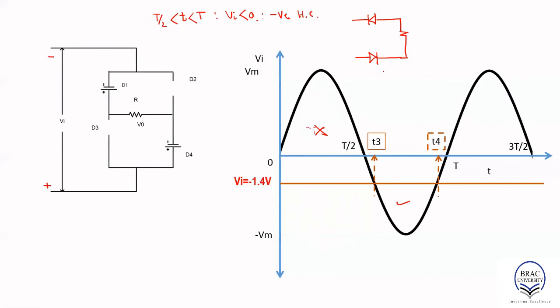So that is our D4, D3. So plus, minus, Vi. So at transition, we're going to replace the diodes with 0.7.